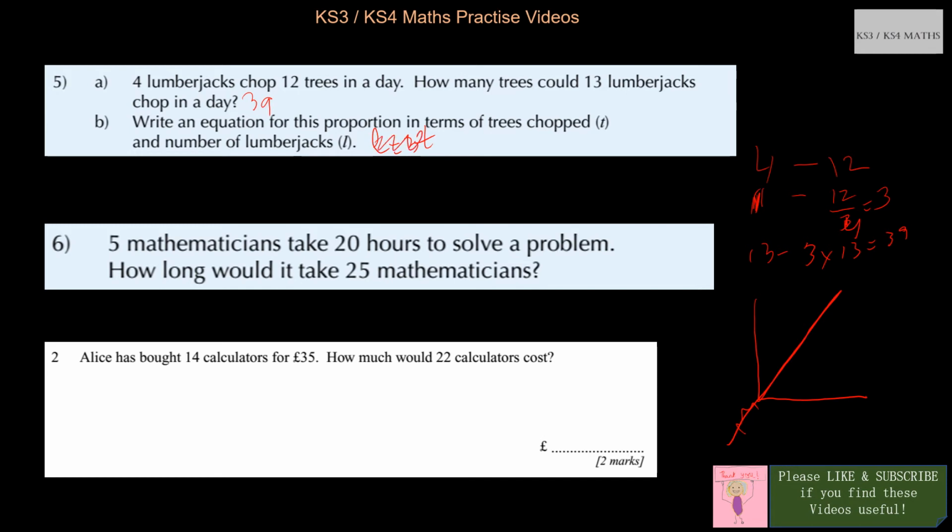Oh no, wait, what did I do? That's 3 trees. Yeah, so it would be T equals 3L, because it would take one lumberjack to chop 3 trees.